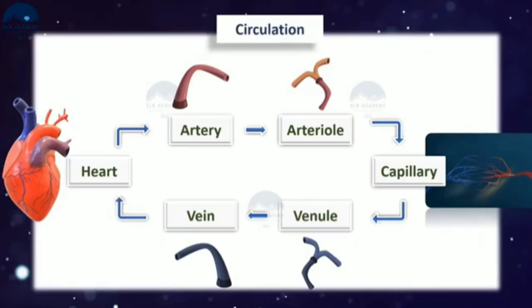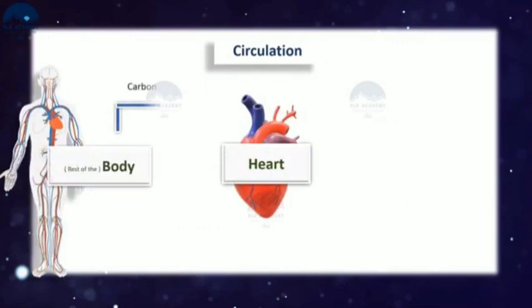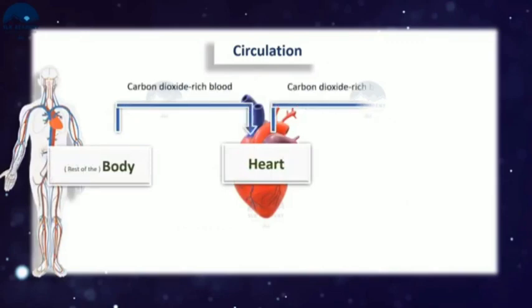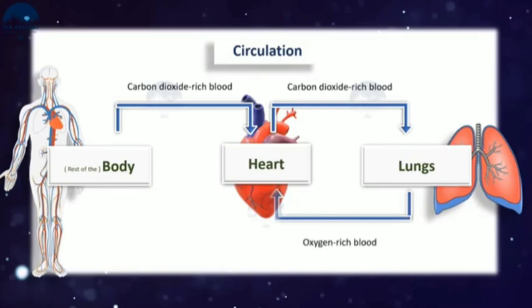Circulation of blood. The heart receives deoxygenated blood from the entire body through veins. Heart sends it to the lungs. The lungs give fresh oxygen-rich blood to the heart. Heart pumps this oxygen-rich blood to the rest of the body.